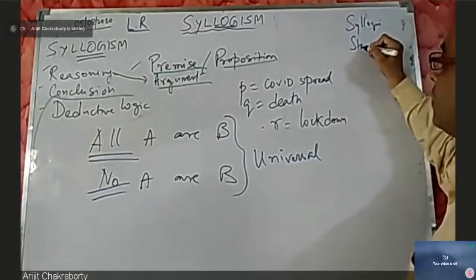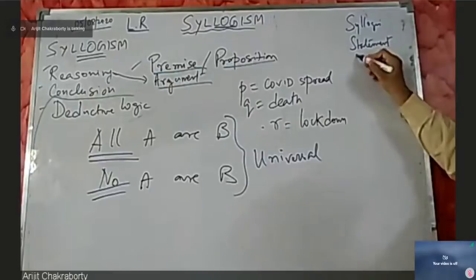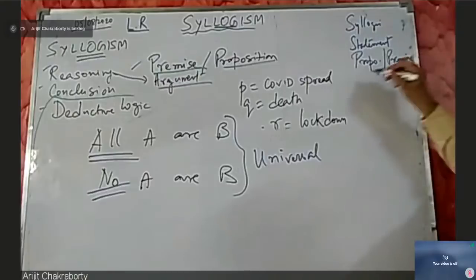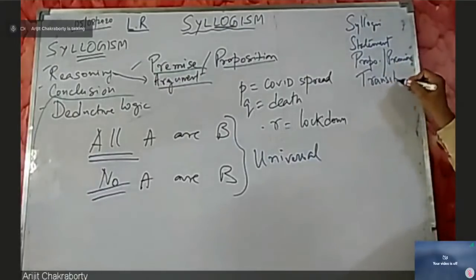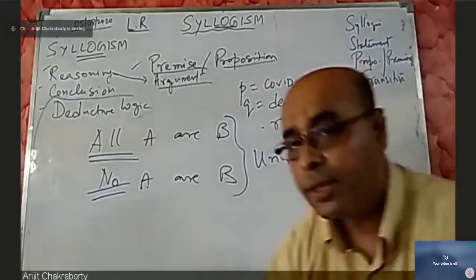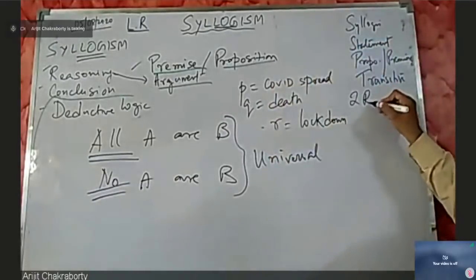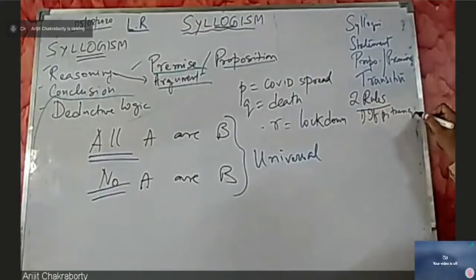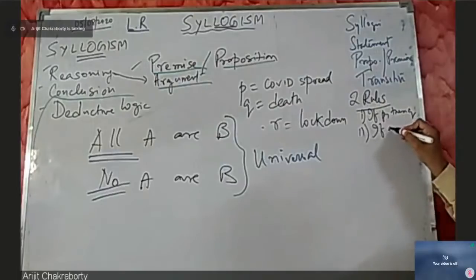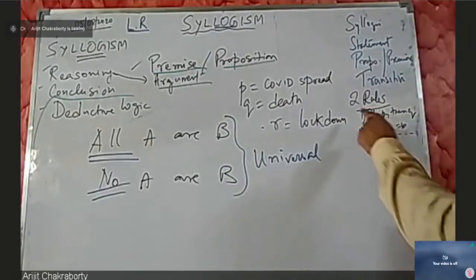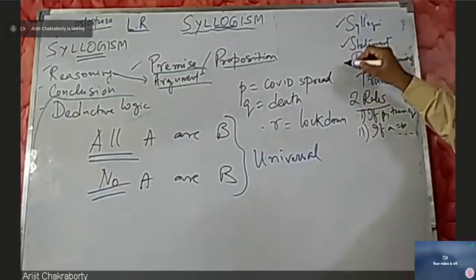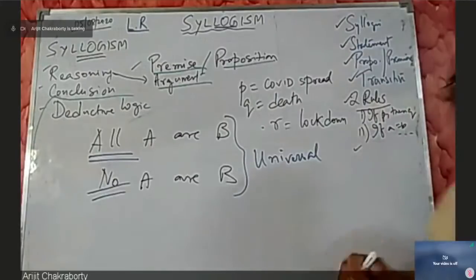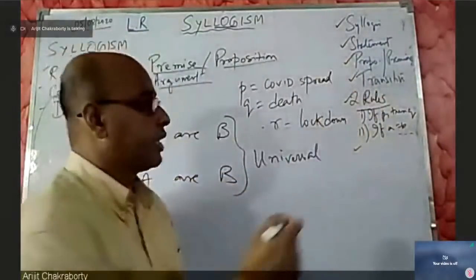We have seen what is a statement, also called proposition, also called premise. We have looked at the transitive nature. Then we have seen the two rules I told you: if P then Q, and the second one, if A equal to B, and so on. So we have seen the rules, syllogism, statement, proposition, transitive, and now we look at the types of proposition, and the first one we take is universal.